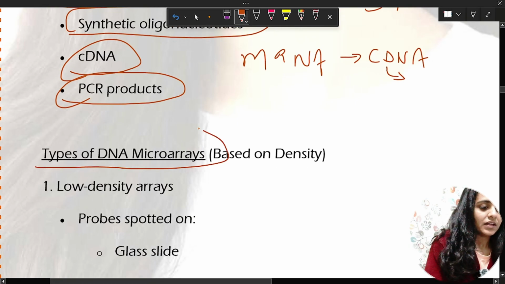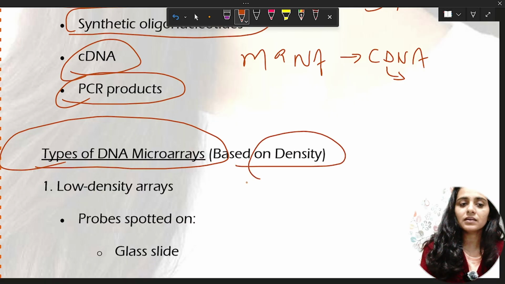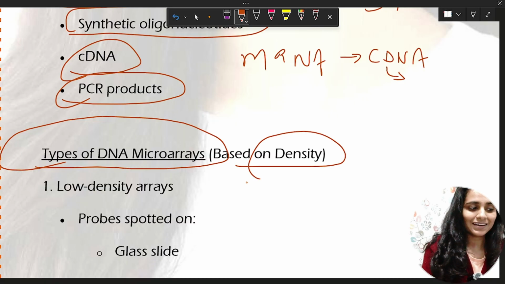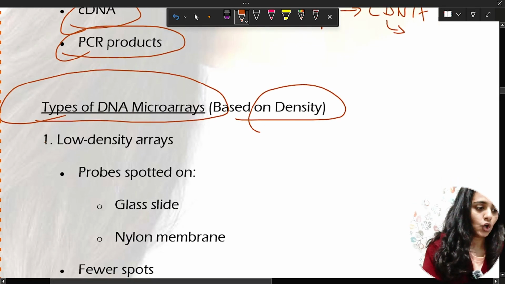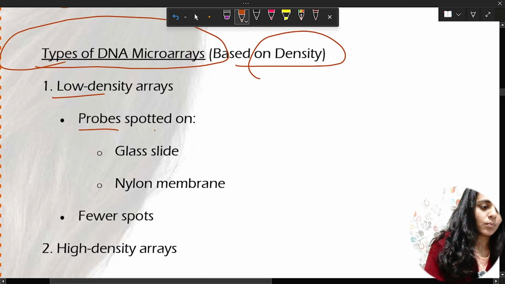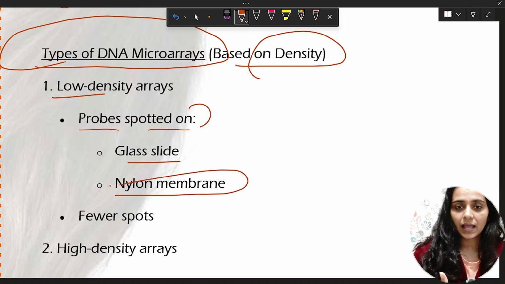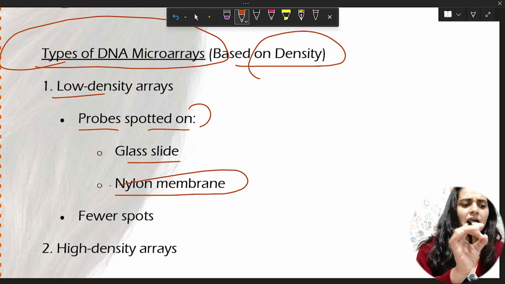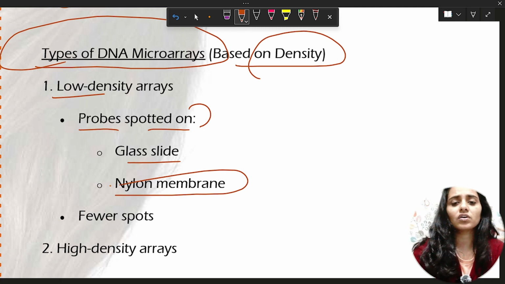Types of DNA microarray based on density. On the basis of density, we categorize the microarray. There are mainly two types, low density and higher density. What is low density? Probes spotted on a glass slide or nylon membrane, when our array uses a smaller number, as I said, instead of 1000, we are using a little amount.